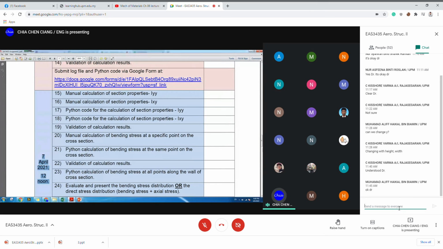No matter how you change the group or partner you work with, eventually the marks will be reflected by your submission. So grouping is flexible, as long as you hold your log file. Marks will be given according to your log file, no matter how you change your group. Is it okay?